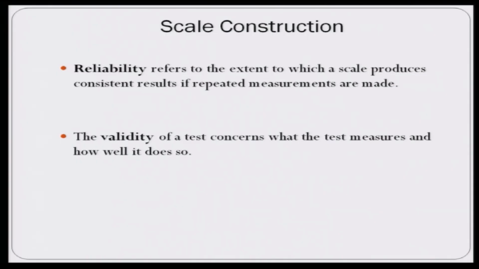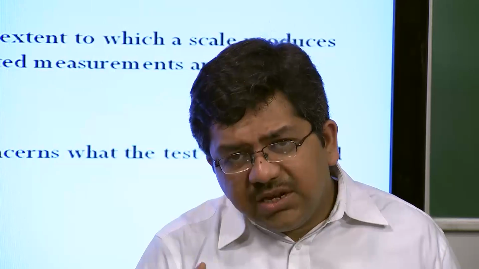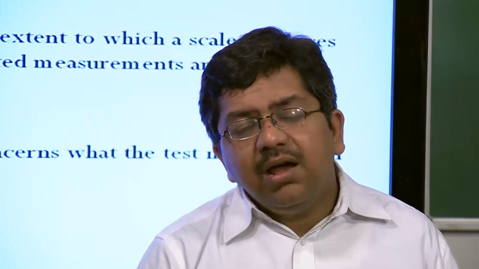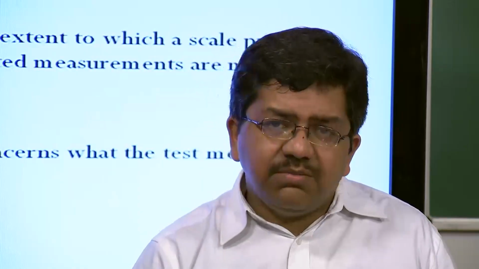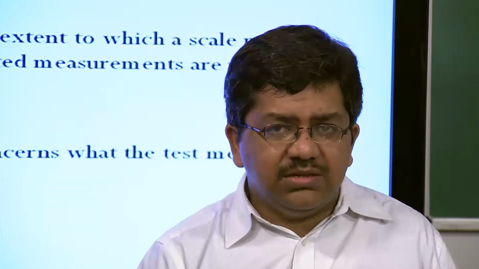If a scale is reliable and it is used repetitively, it will generate the same results. And then validity is concerned with what the test measures and how well it does so. So, validity is about whether you are measuring what you are trying to measure. I will explain this concept of reliability and validity through an example.